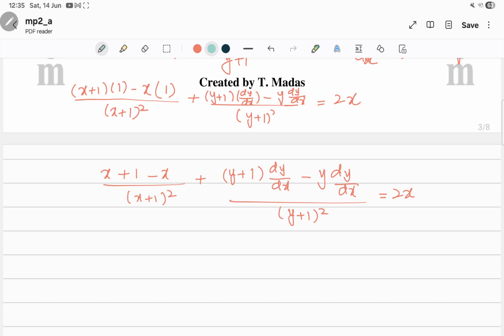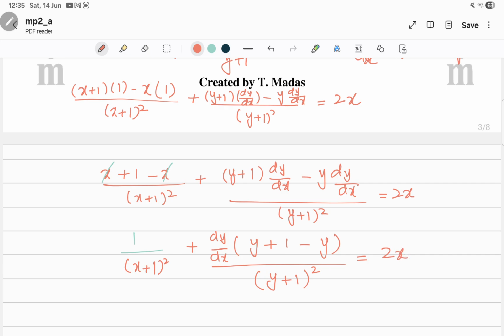So now the x minus x cancels out, you're left with 1 over x plus 1 whole square plus, if you take dy over dx as a common factor out, you're left with y plus 1 minus y over y plus 1 whole square equals 2x.